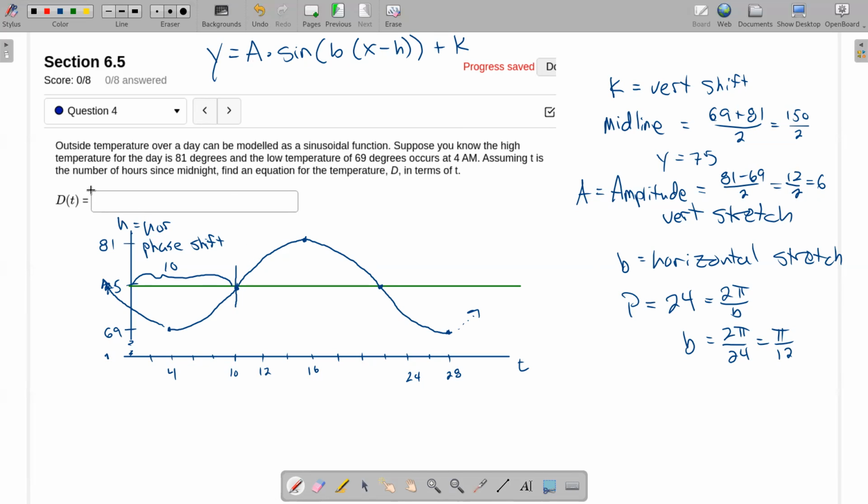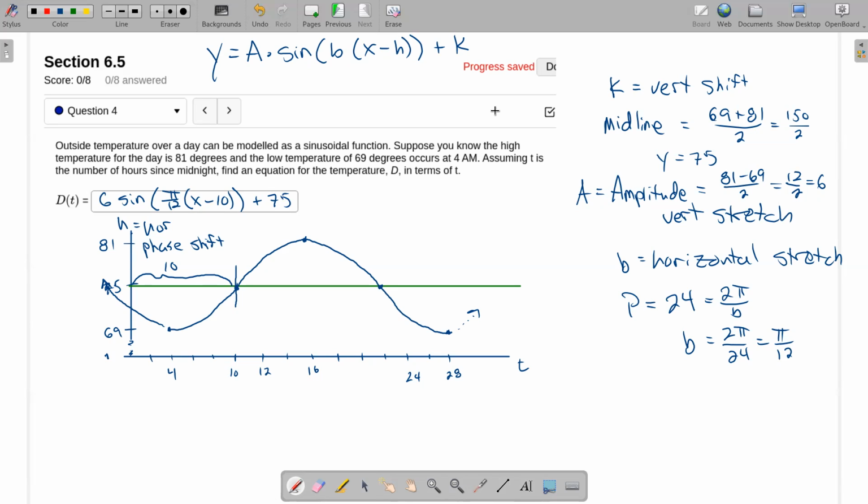So I think this function, we'll graph it to double check, is 6 times the sine of pi over 12 parentheses x minus 10, close parentheses, plus 75 to get it up to the right spot. So that should model this temperature. Let's graph it and check. That was a lot of work.